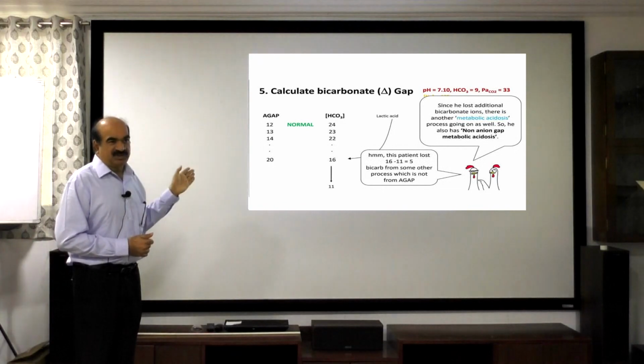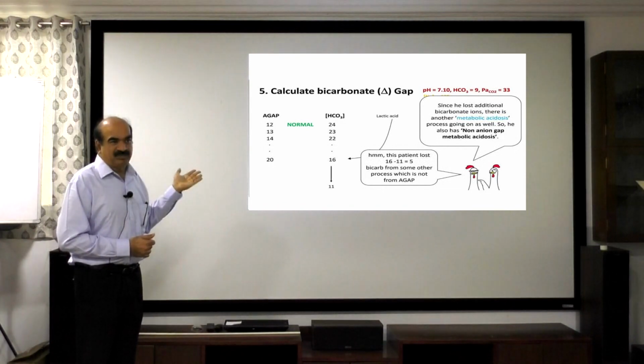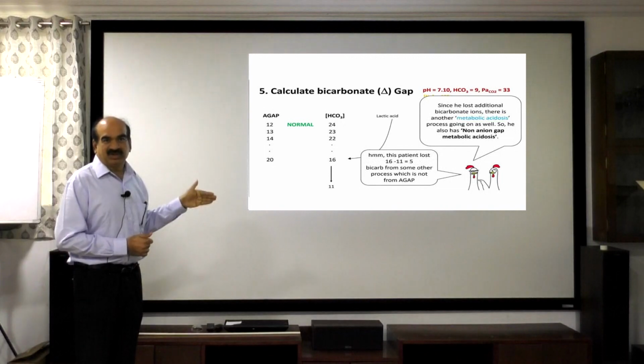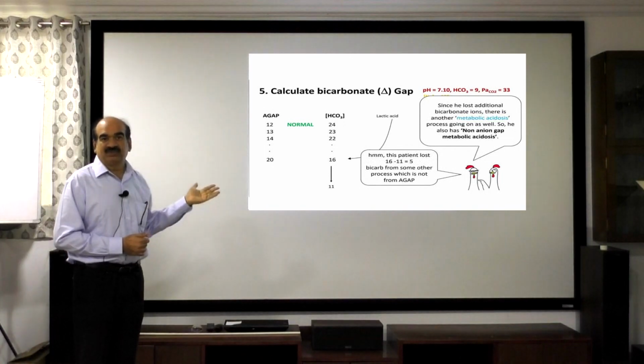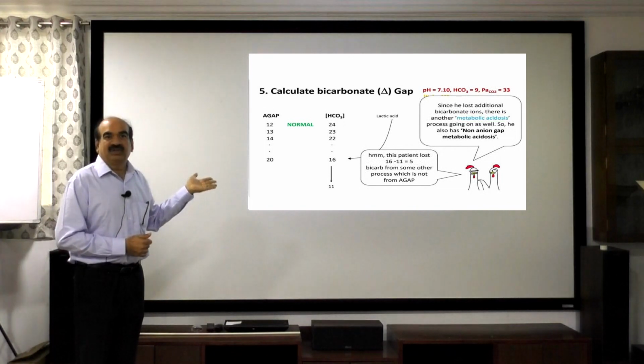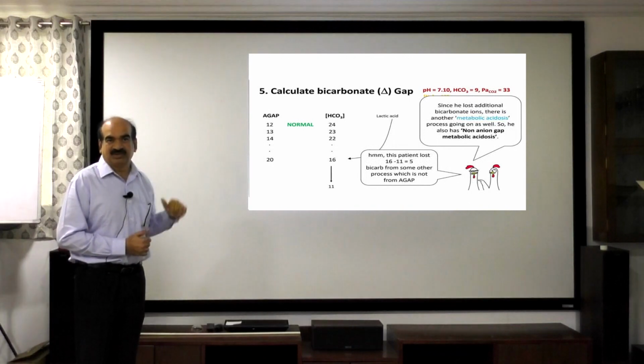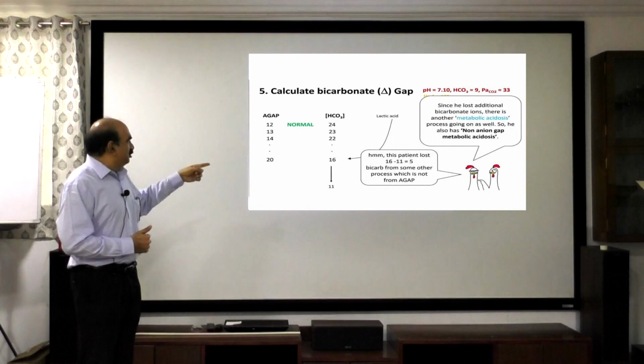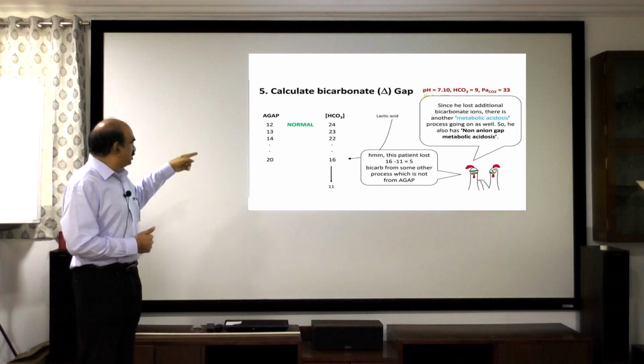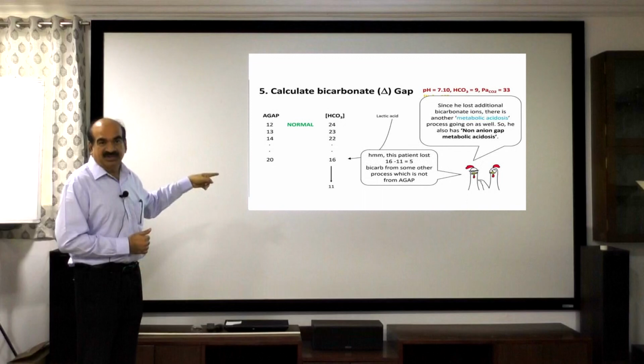So the patient is in shock, so he has lactic acidosis with high anion gap. It means there is high anion gap metabolic acidosis. But we expect that if anion gap increases from 12 to 20, bicarb should decrease from 24 to 16. But here it is 11.